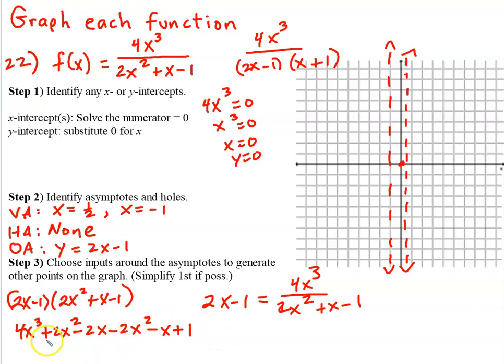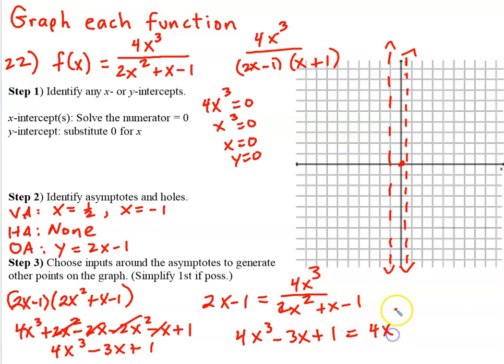And then combine like terms, and we get 4x cubed. The x squares cancel. -2 minus 1 is -3x. And then plus 1. Okay, so that's the result of multiplying this denominator on the left side. And on the right side, it's just going to cancel and leave us with 4x cubed. Well, the x cubes cancel. I'm left with -3x plus 1 equals 0. -3x equals -1, so x is 1/3.